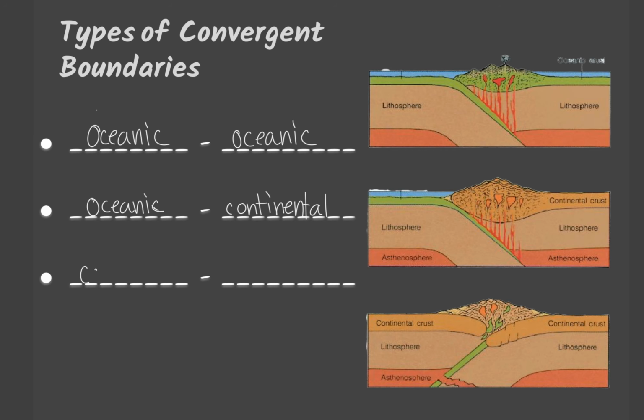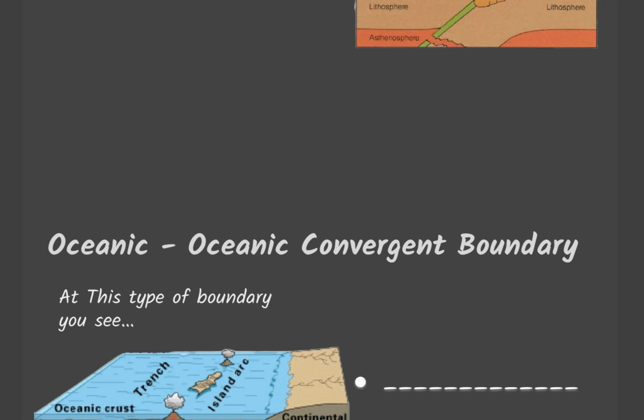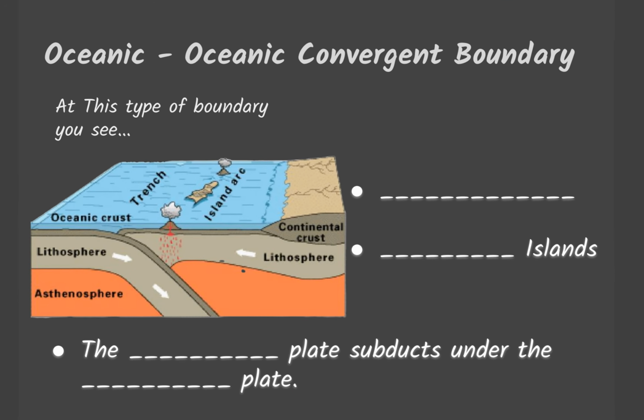Or you can have continental crust collide with another piece of continental crust, and that's what's called a continental convergent boundary. And we're going to see different characteristics with each type of boundary. Let's take a look at those in more detail below.